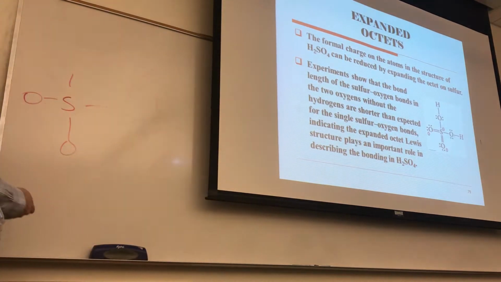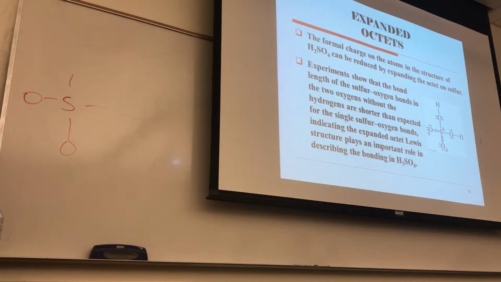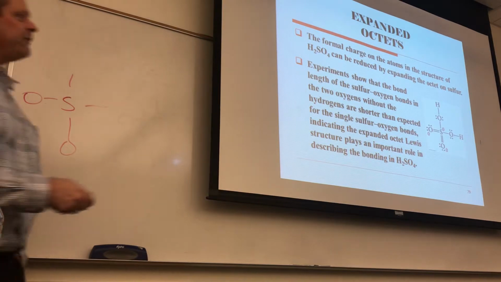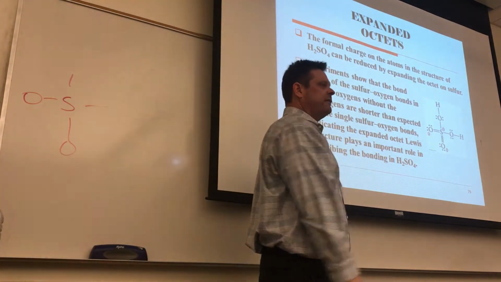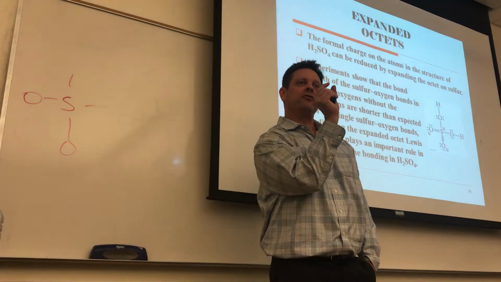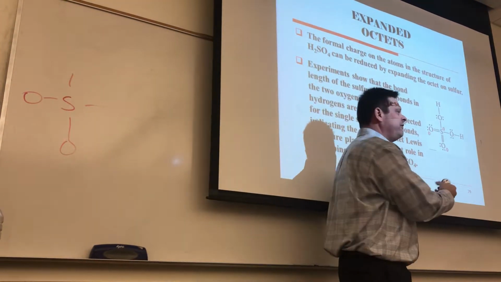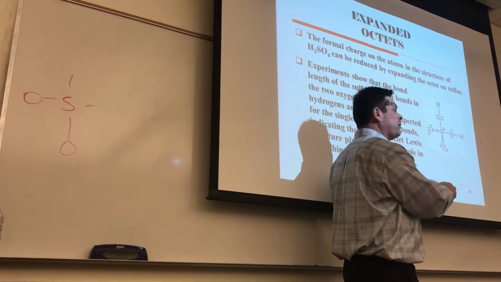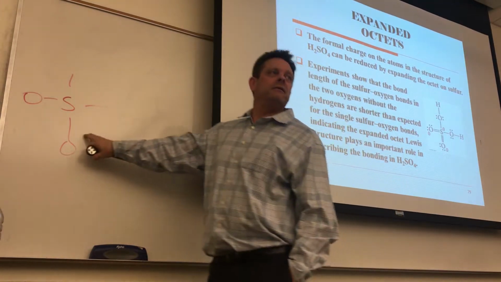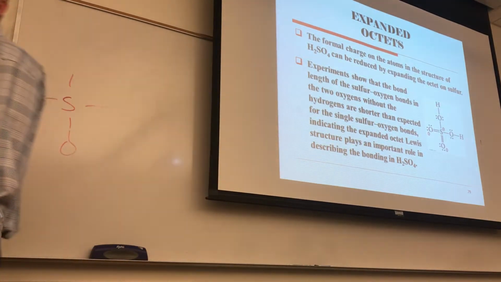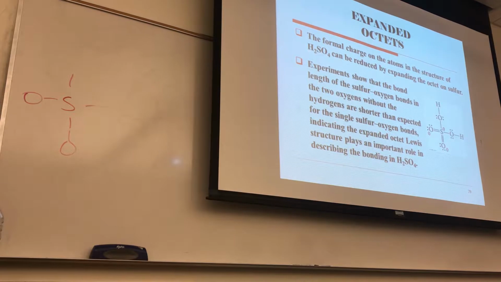You would expect the bond lengths to all be single. What you find more often is the double bonds, because the lengths are shorter. So experimentally, not only does this fit intellectually, it fits experimentally over this. That's the confirmation that the idea matches reality.